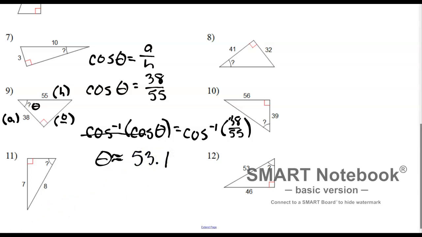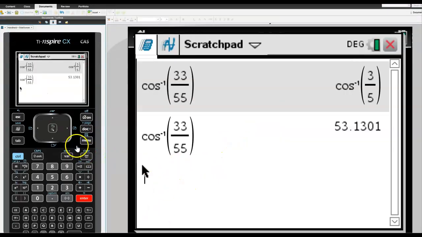Okay, so before we move on, just notice this is a 30, not a 33. I just made a simple mistake that can cost me big time. So good thing I checked: 38 over 55. Let's go back in here. And here we go. Trig.